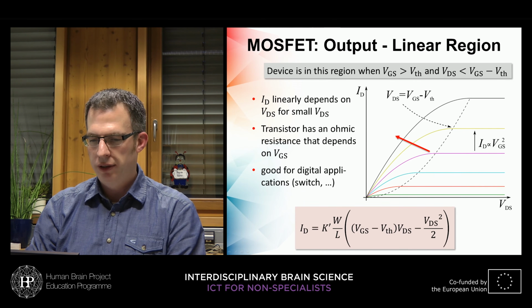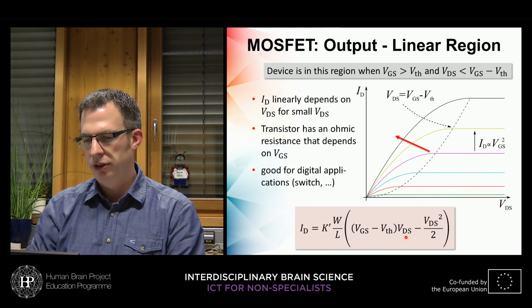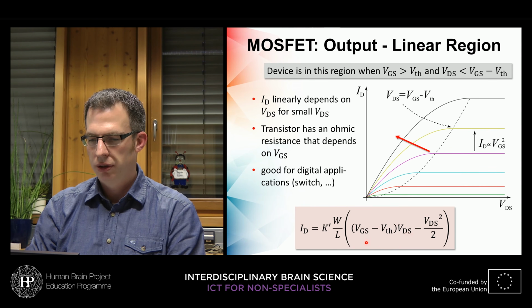There is a formula for the drain current. What you can see here is the gate to source voltage minus the threshold voltage times the drain source voltage. Now we have a linear dependence on the drain to source voltage.